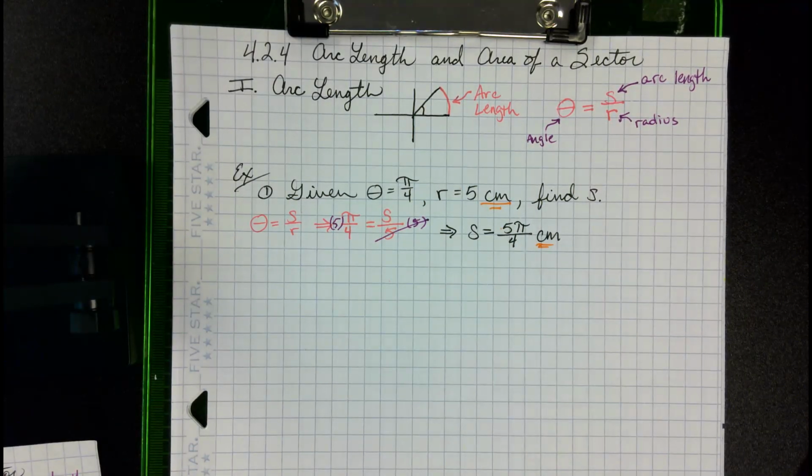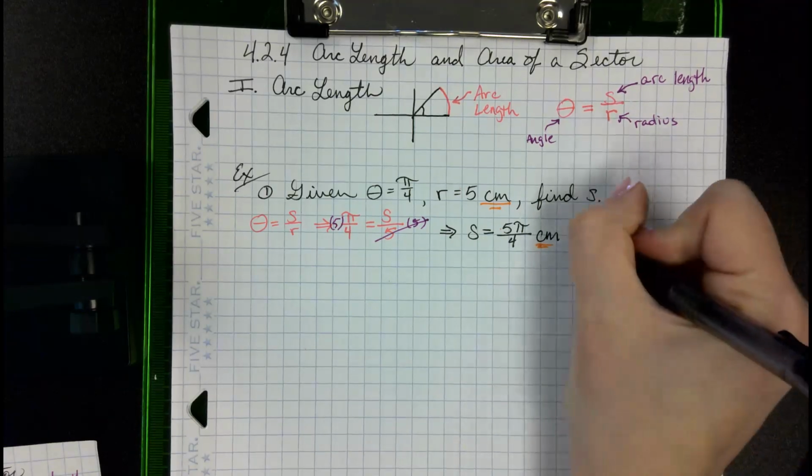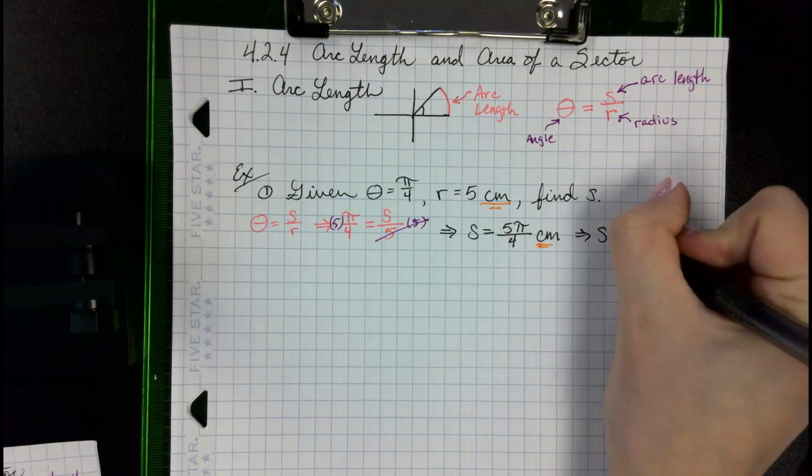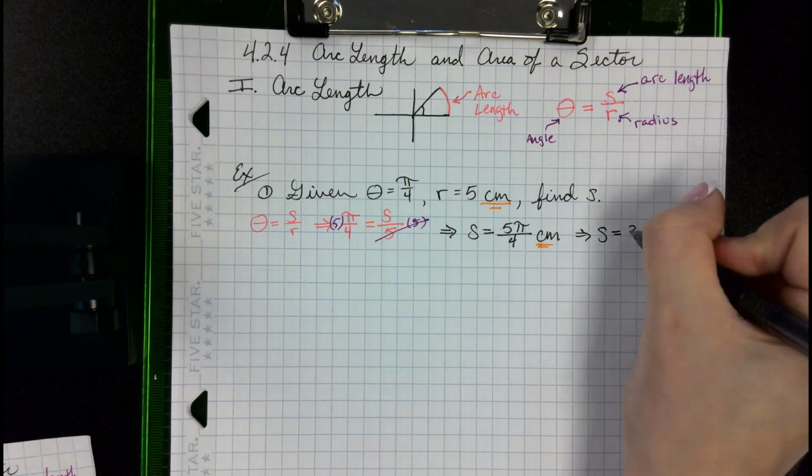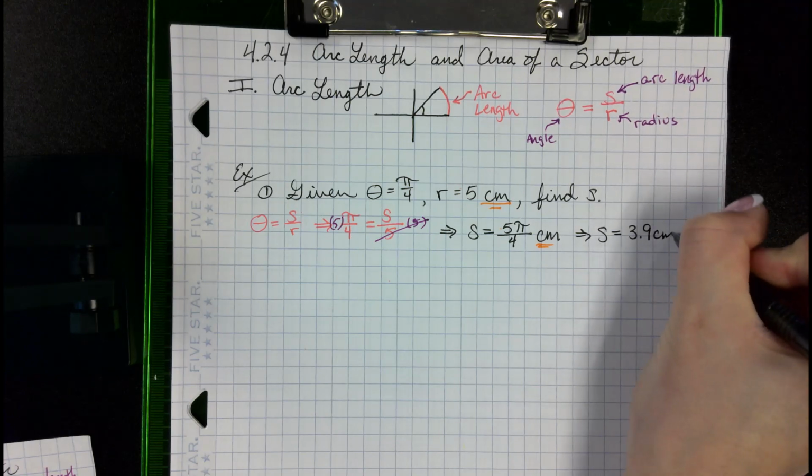That is the exact answer, but whenever you do a linear measurement where you're going to go measure something, you normally don't have pi in your answer, but that is exact. And your book tells you for the homework I'm going to give you to round to the nearest tenth, so we'll stick with that and say that this is also S equals 3.9 centimeters.